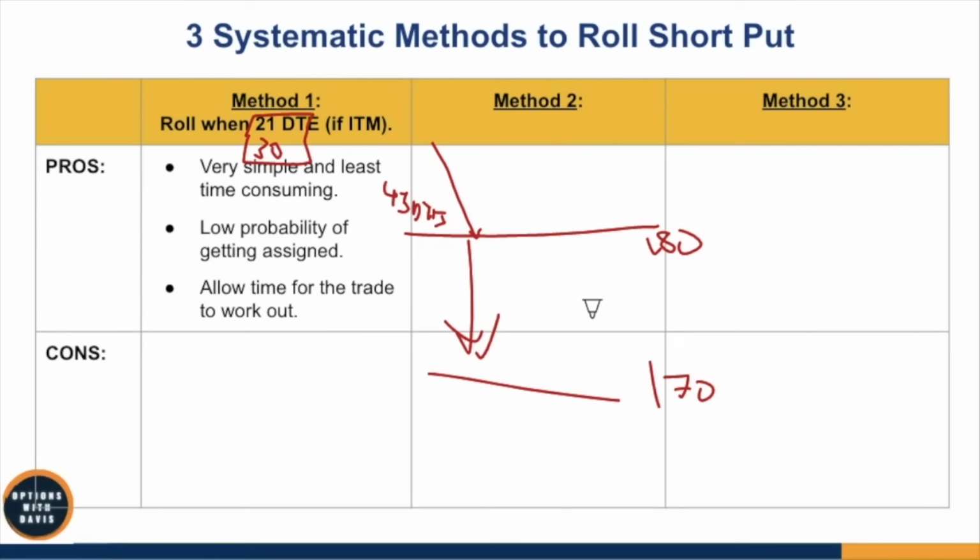But if you just use this 21 DTE method, it may just go down and then come back up. And all this is before 21 DTE. So you didn't have to do anything at all. If you base on this 21 DTE, you didn't have to roll at all. So it allows time for the trade to work out in your favor as well. So those are the pros.